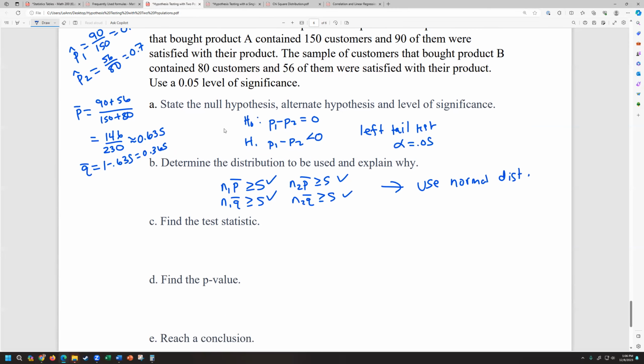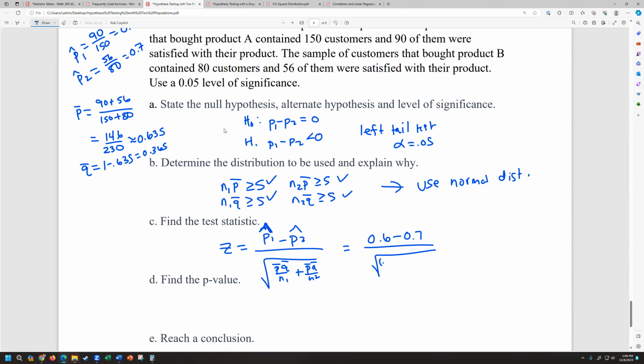The test statistic for this would then be Z equals P1 hat minus P2 hat, all over the square root of P bar Q bar over sample 1 plus P bar Q bar over sample 2. And that's going to be 0.6 minus 0.7 on top.